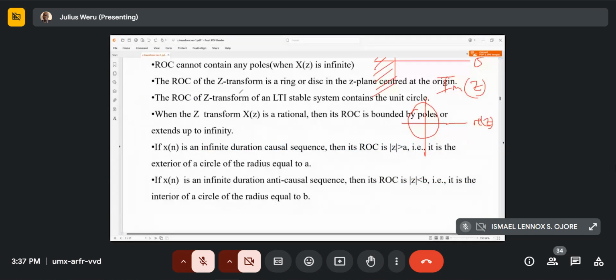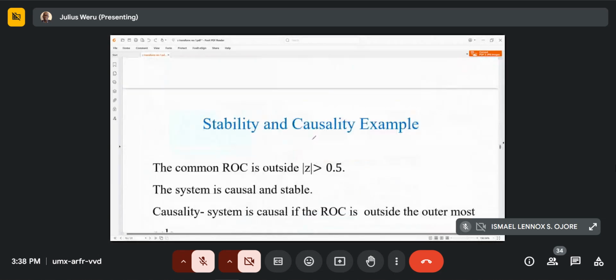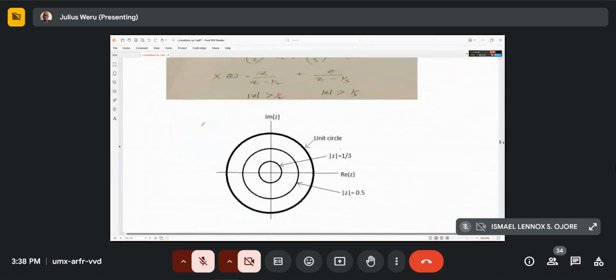So the ROC of the Z transform is a ring or disk in the Z plane. I think we have plotted it here. The ROC will be either outside a disk, inside a disk, or between two disks.